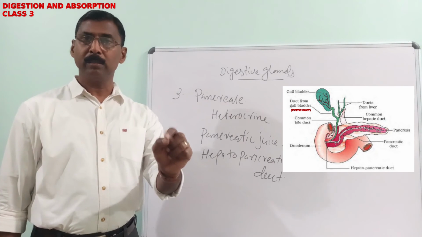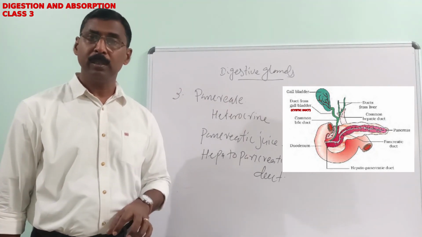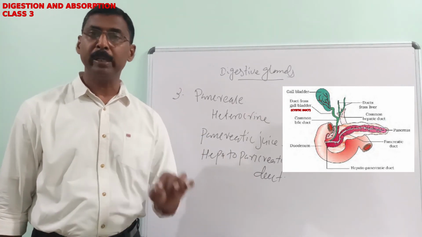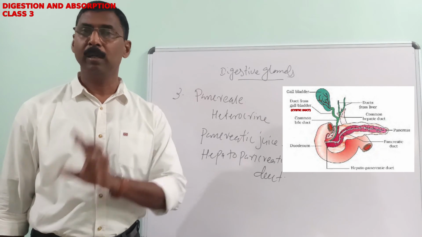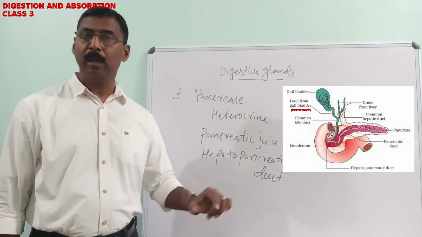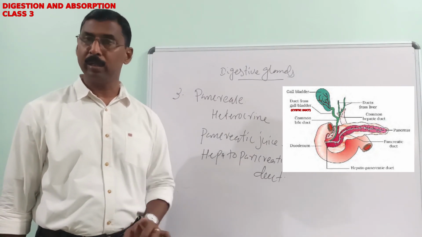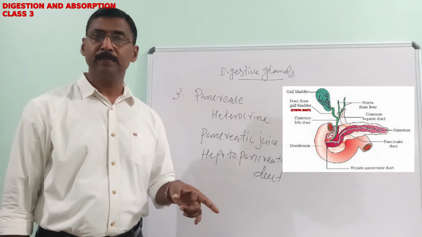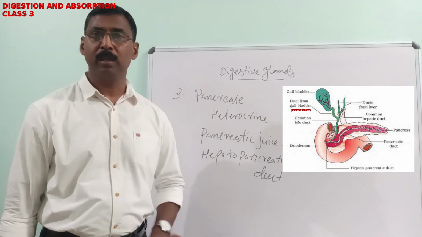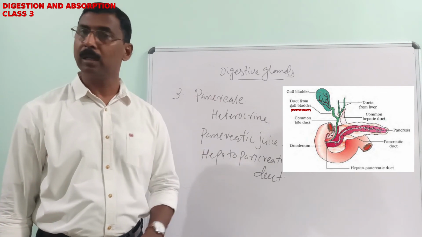The common bile duct joins with the pancreatic duct and forms the hepatopancreatic duct. That's a common duct for the pancreas and liver. The hepatopancreatic duct opens into the duodenum, through which both bile and pancreatic juice are released into the duodenum whenever it is required.